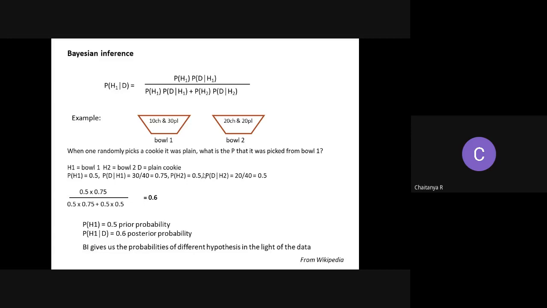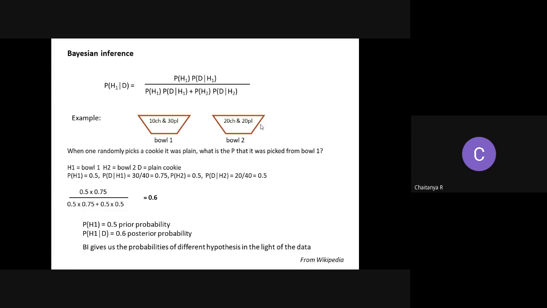Now, to understand the import of the Bayesian thought, let's take an example which might explain this a little better. Let's assume we have two bowls. In bowl 1, we have 10 chocolate cookies and 30 plain cookies, and in bowl 2, we have 20 chocolate cookies and 20 plain cookies.